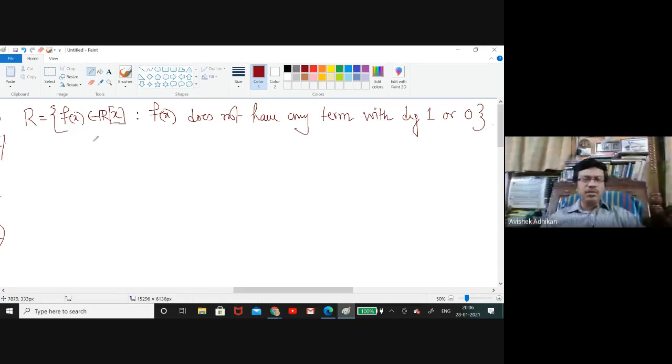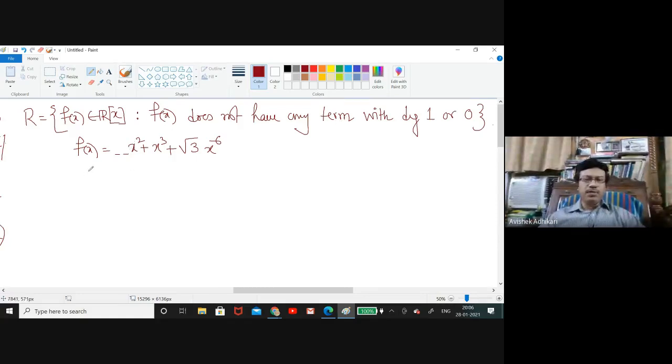For example, f(x) should look like this, say x squared plus x cube plus maybe root 3 x to the power 6, because it does not have any term of degree 1 or degree 0. So no constant is here, since constant terms are of degree 0, and degree 1 means no x is there.